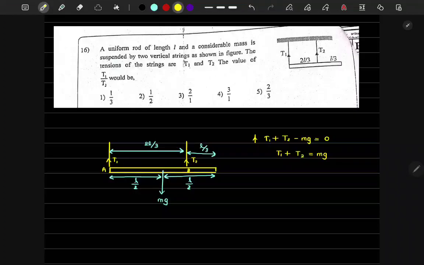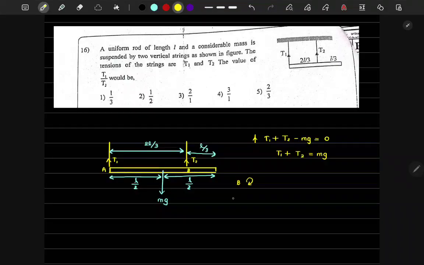Then considering A or B, I can use moments to get another equation to get the value of T1 or T2. So I'll consider point A and consider moments, or I'll consider B. That would be better, I think. And I'll consider the clockwise moments, which is equal to 0.